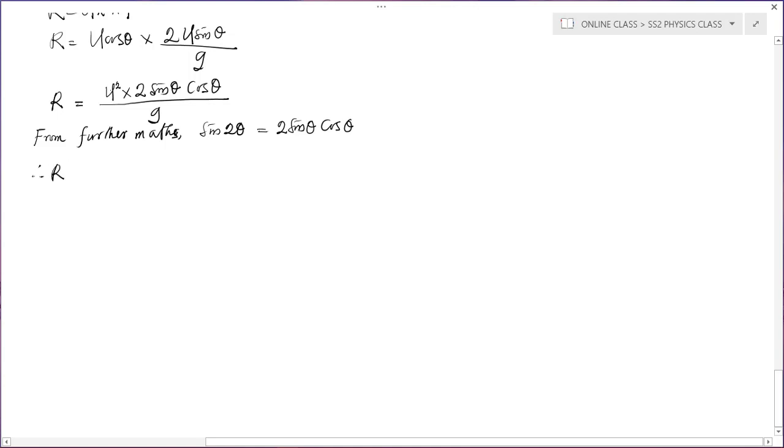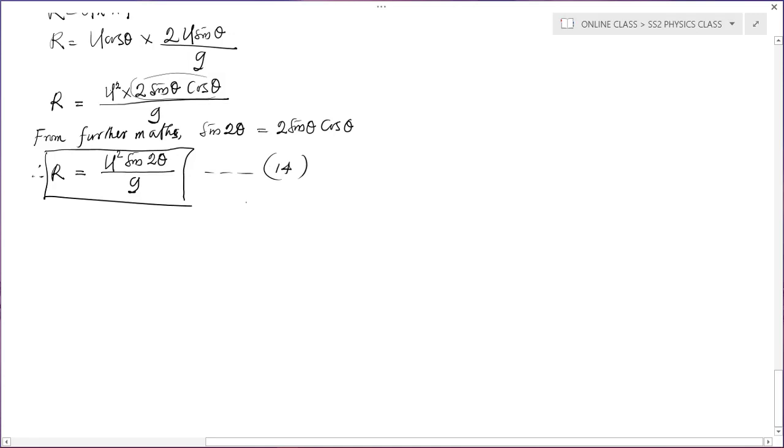Therefore, our equation becomes R equals u squared sin 2 theta all over g. This is the 14th equation, right?